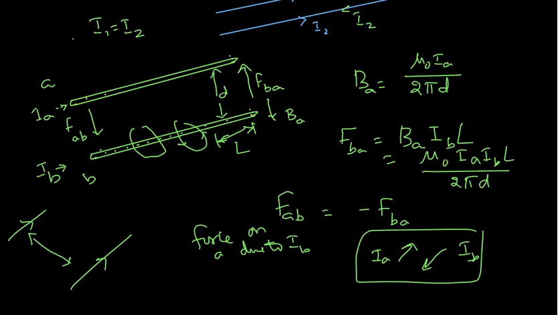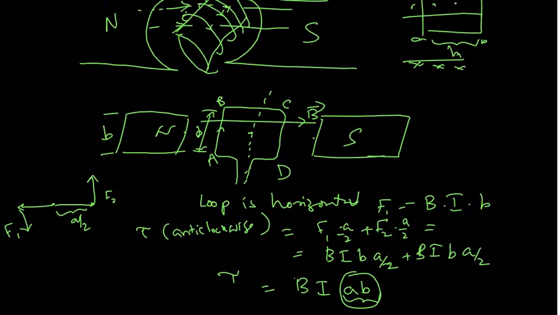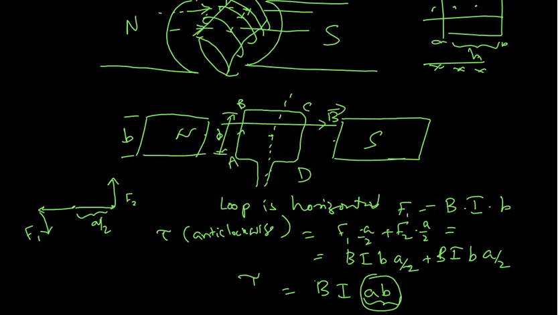Then we took one such loop kept in a uniform magnetic field. For that magnetic field, the forces are equal and opposite in direction. If it is equal, then we got B I A by 2, so it is totally B I A. But these will push in opposite directions, we have a picture.